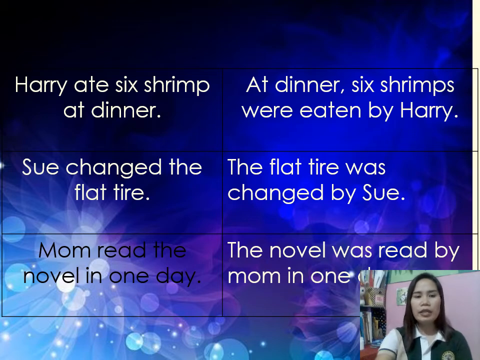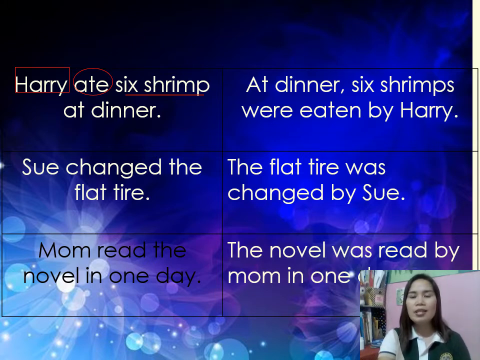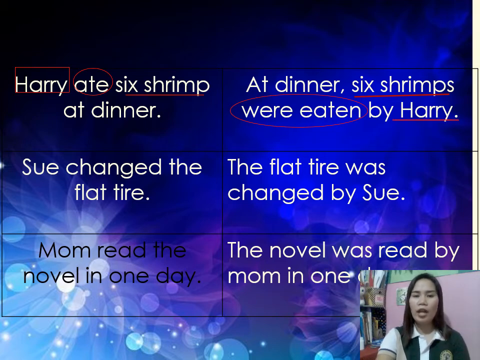So in active voice, Harry is the subject, ate is our verb, and 6 shrimp is our object. When we change it into passive, 6 shrimps will become our subject, eaten is our verb, and Harry is now the object, or the doer of the action.